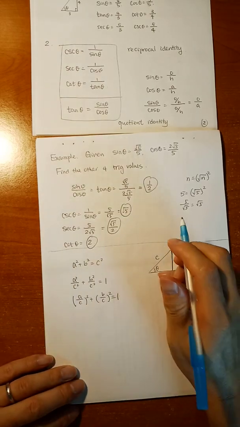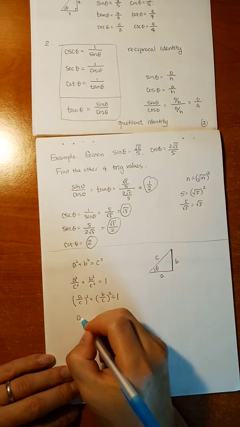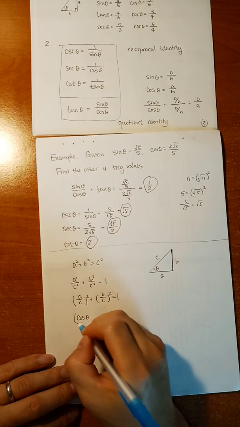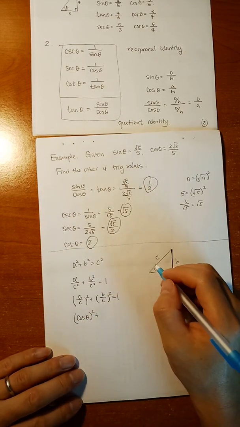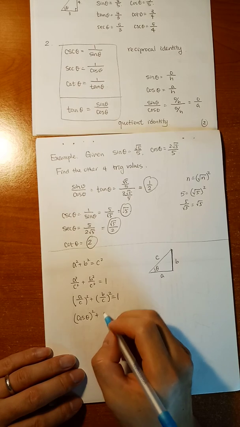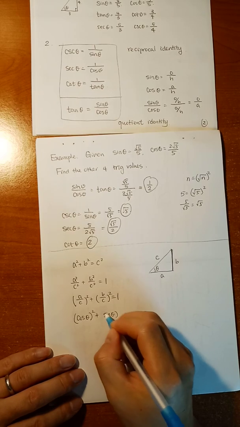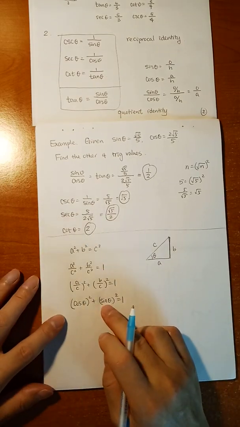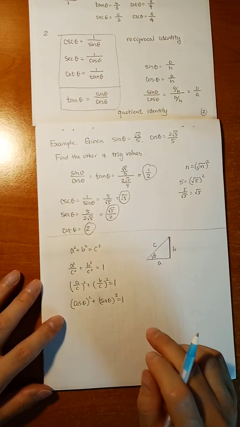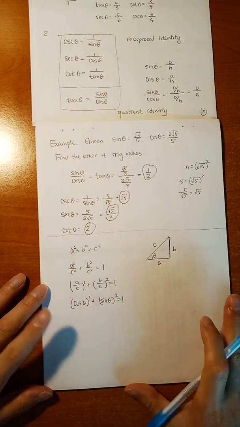A over c, adjacent over hypotenuse, is cosine theta, squared. B over c, opposite over hypotenuse, is sine theta, squared, equal to 1. So this is the identity we have: sine squared plus cosine squared is equal to 1.